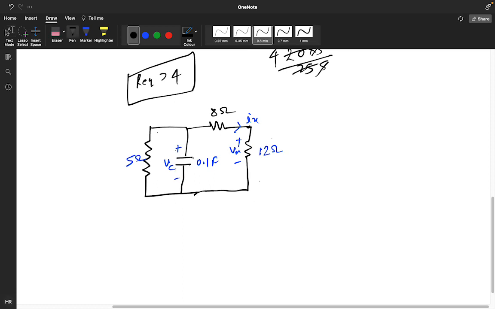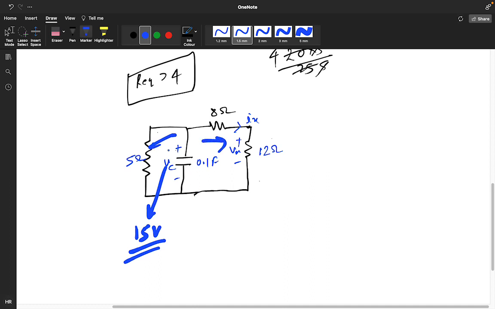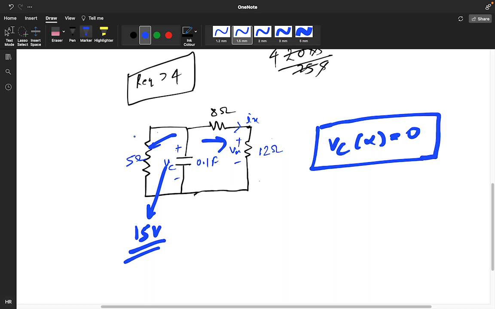The VC value at initial condition has 15 volt. It is discharging its voltage across this resistor. At infinite it will completely discharge, so the voltage will be zero. Because there is no source, it is a source-free network, so at infinite it will be zero.